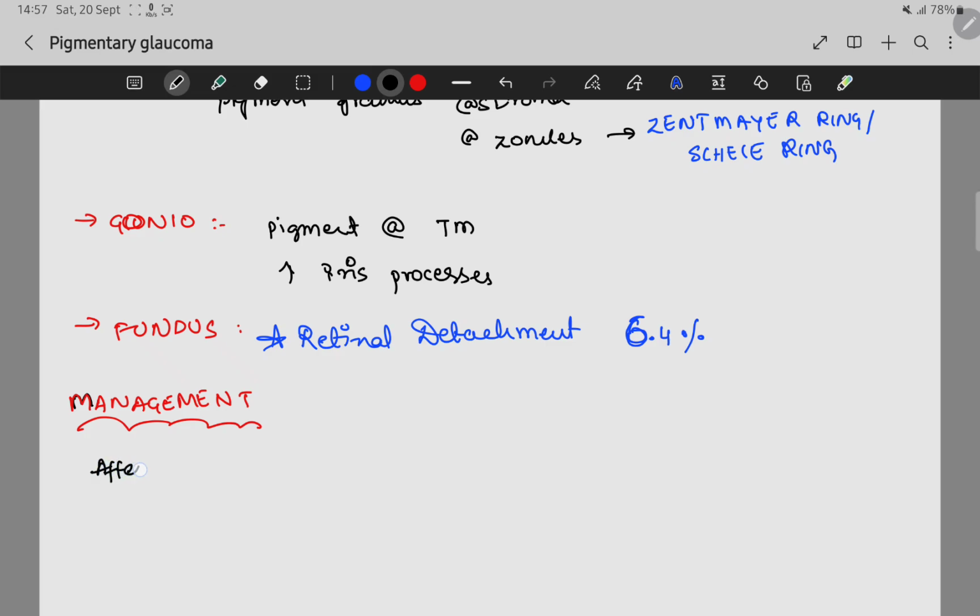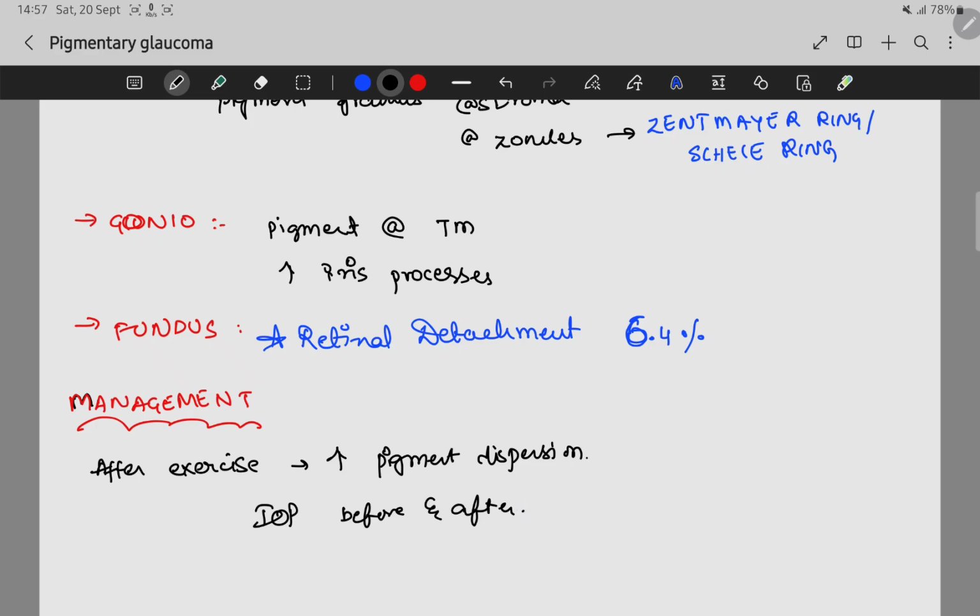So after exercise there is more pigment release. So that's why IOP is to be measured before and after. So if there is a significant pressure rise, then we have to use pilocarpine drops to prevent this rise with exercise, right?